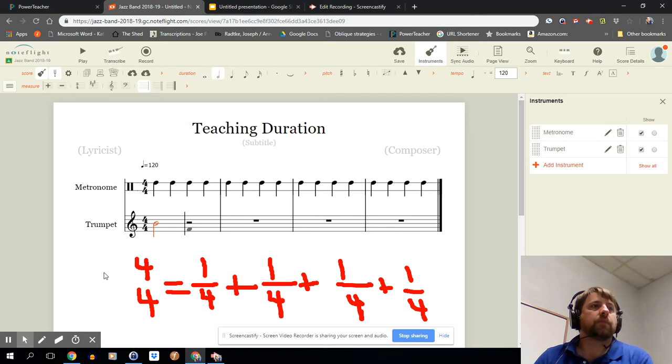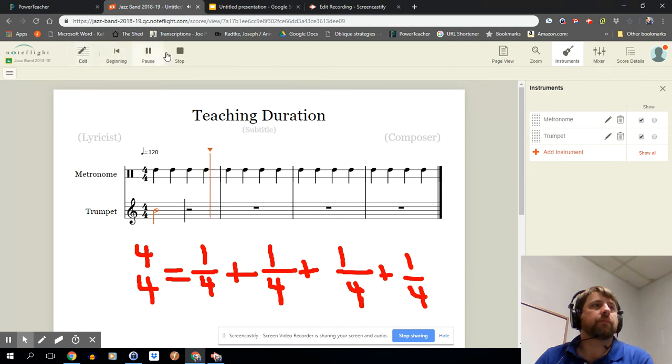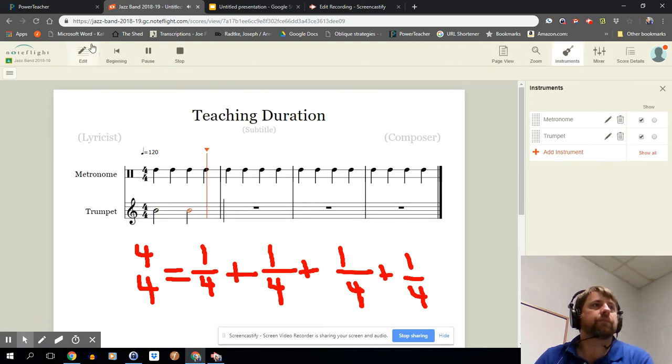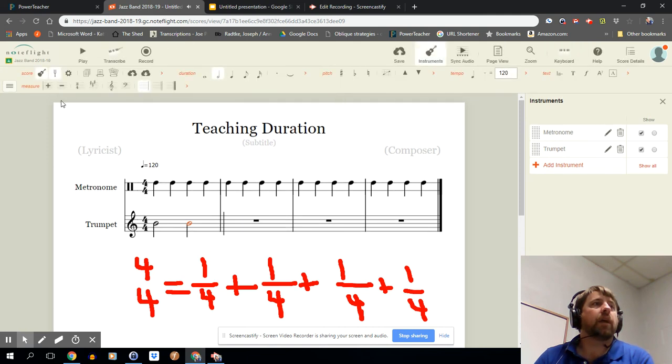Okay. Now I've changed it to a half note, so it's going to last 2 of these clicks. I'll add another half note. So now you'll hear a half note for those 2 beats and a half note for those 2 beats. Okay. And obviously now, if I add quarter notes, all right.